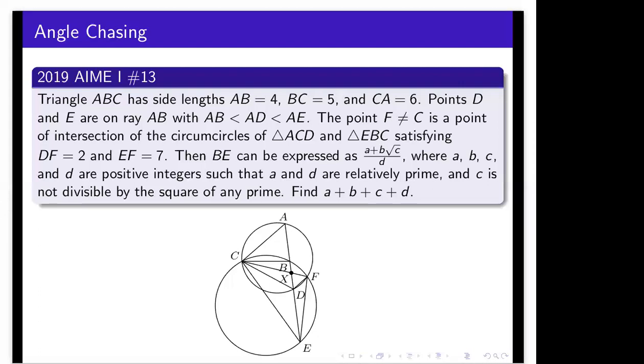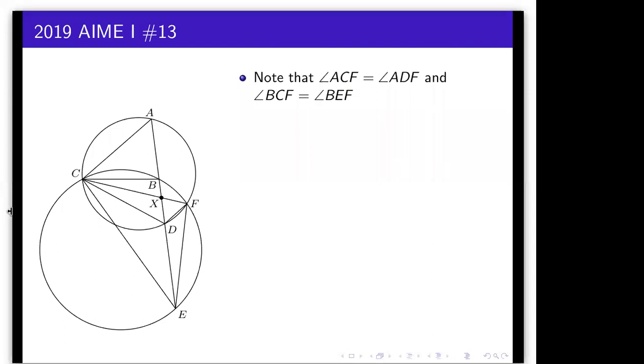So we see that we have these circles, and for example we can have angle ACF equals angle ADF, because they both subtend the same arc. And we similarly have angle BCF equals angle BEF because they also subtend the same arc.